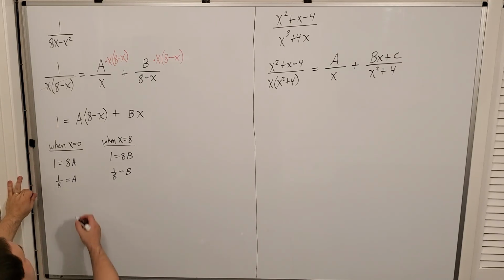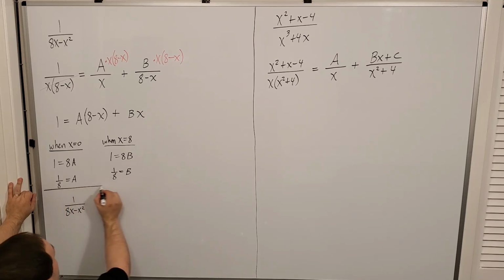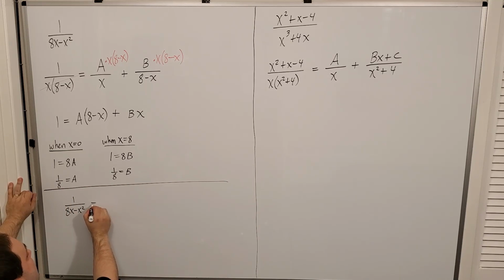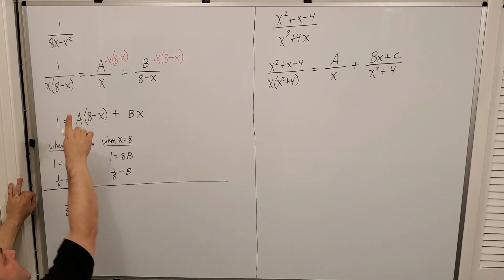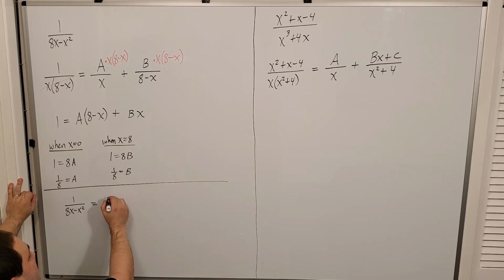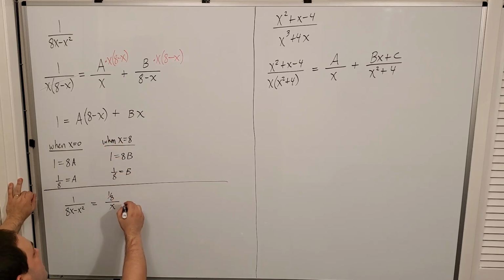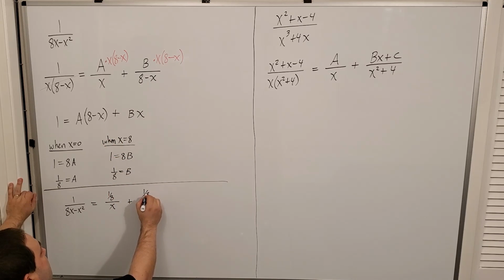In other words, 1 over 8x minus x squared, okay, must be equal to a over x. So that's 1/8 over x. And then b is 1/8, so that's 1/8 over 8 minus x.